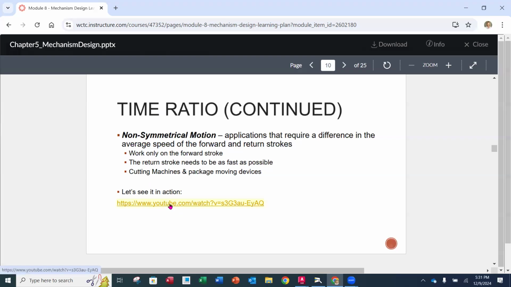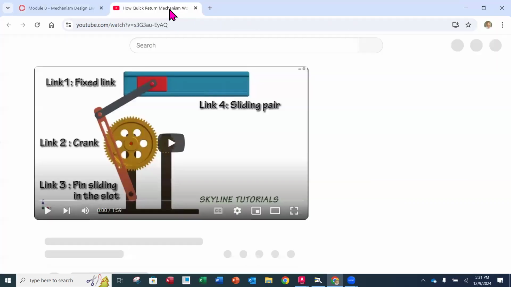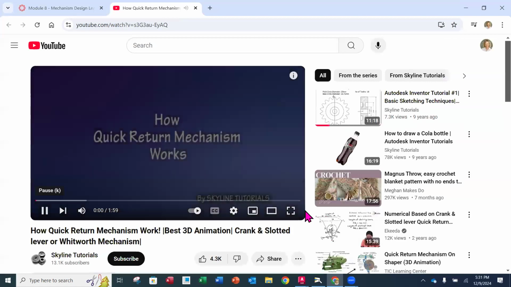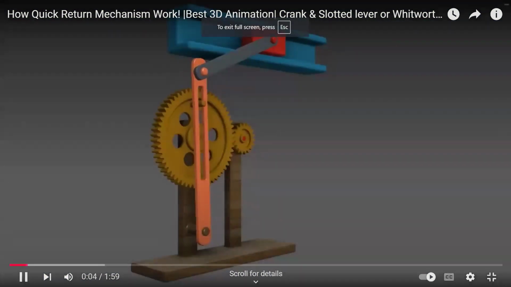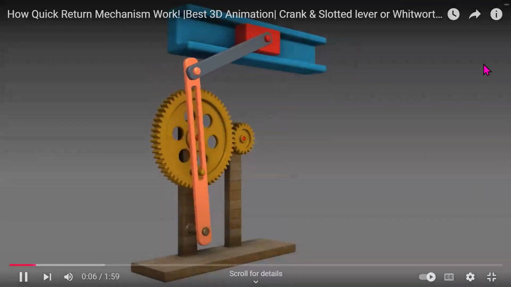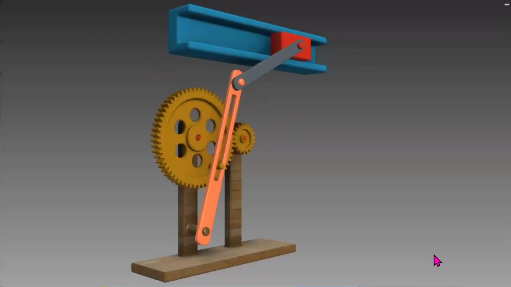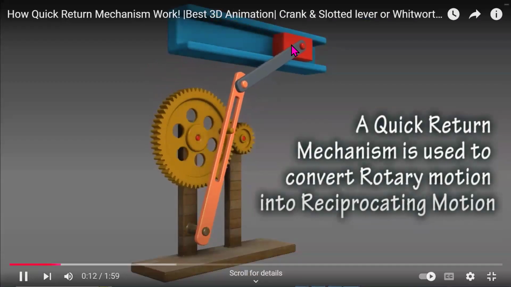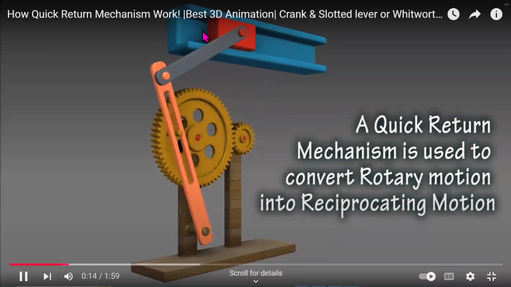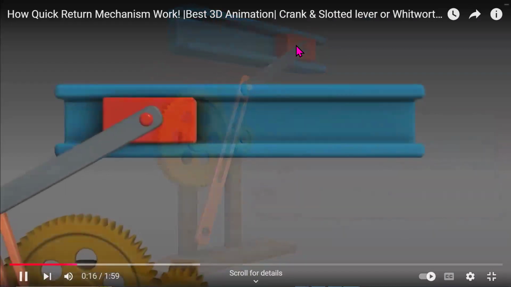So let's look at this one. So here's the slider. You're going to notice that when it comes back to the left, it's going slower, and then it speeds up when it goes back to the right.